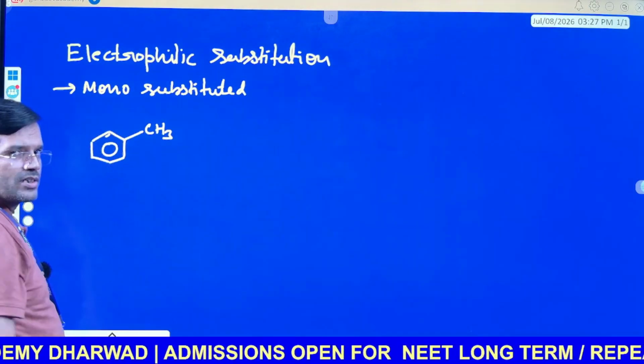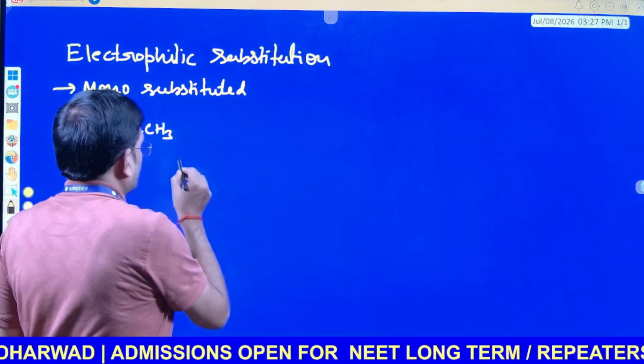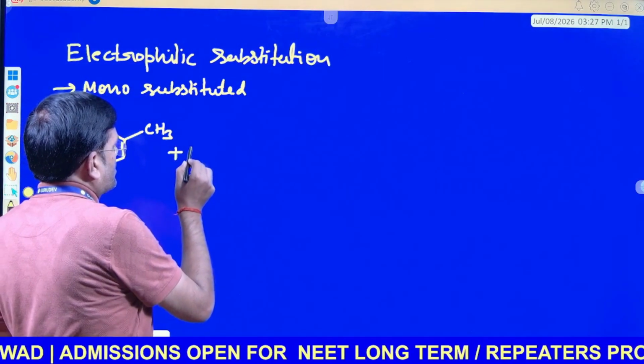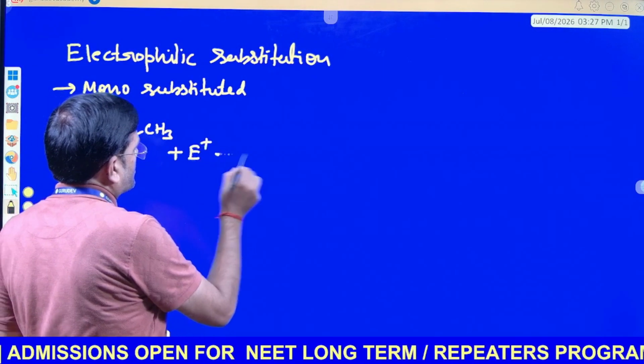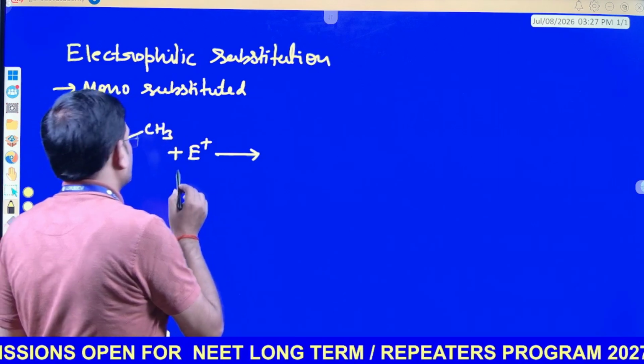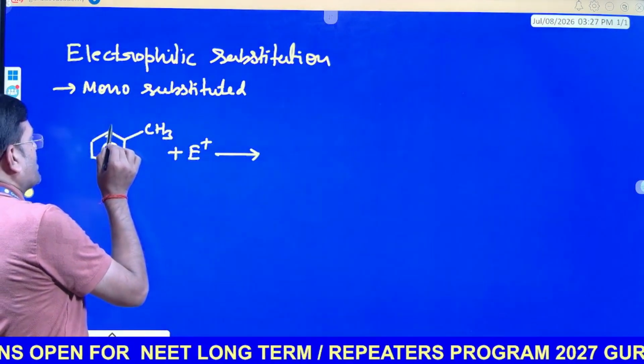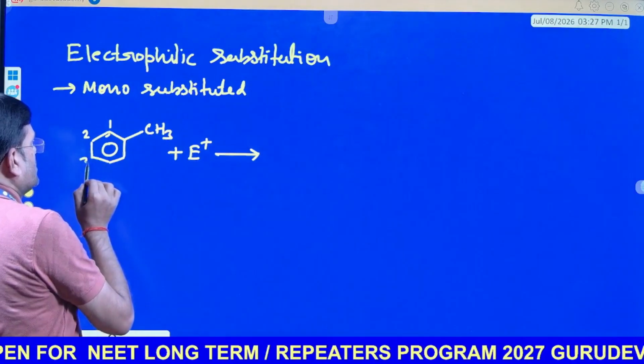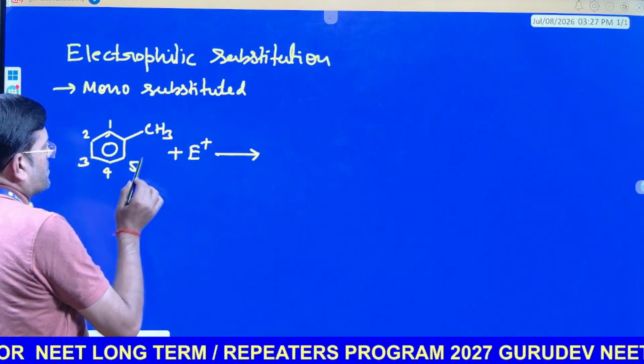The whole is known as toluene. Okay. Suppose we are having further electrophilic substitution. So total we are having 5 sites, 1, 2, 3, 4, 5.